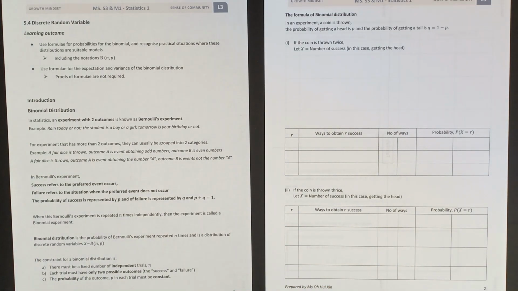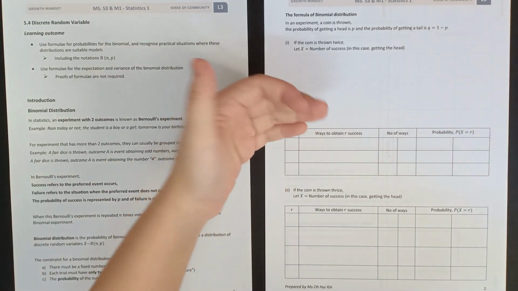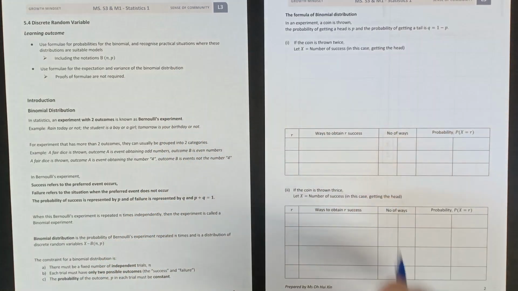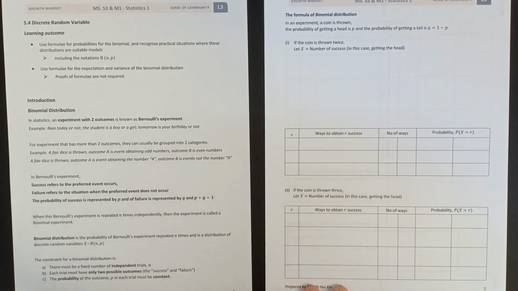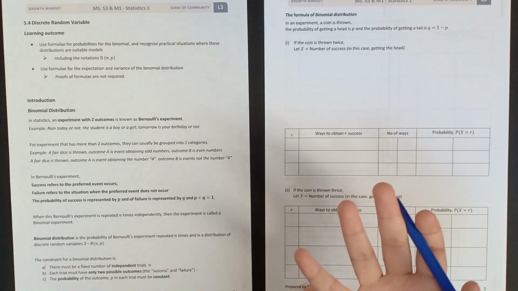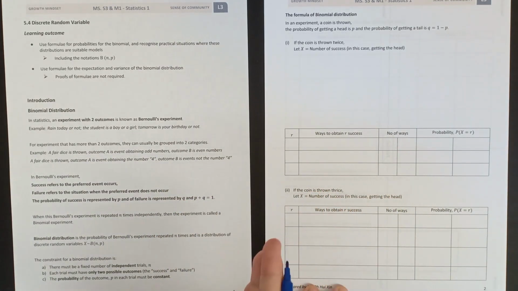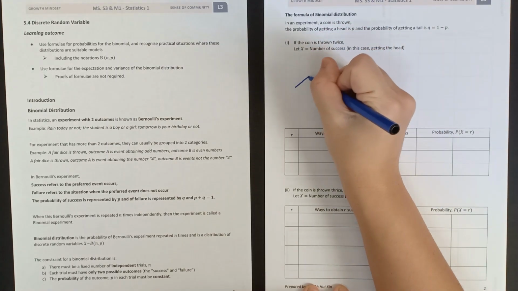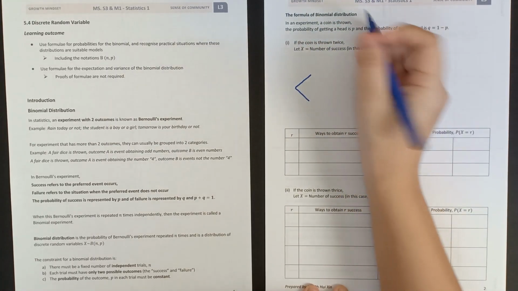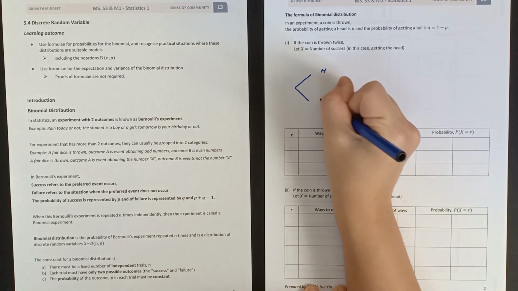Okay, so for the first one, we do a tree diagram first, so you can understand what we are going to do next. If the coin is thrown twice, then for the first time, maybe you get a head, maybe you get a tail.